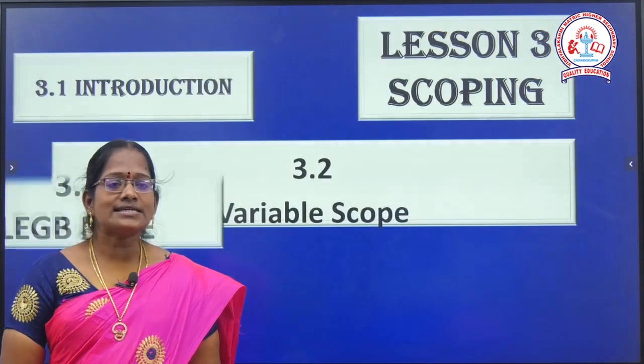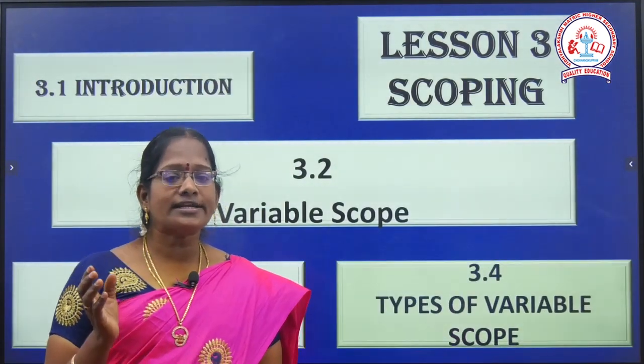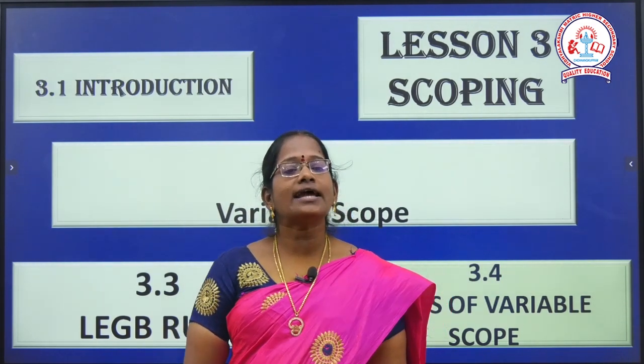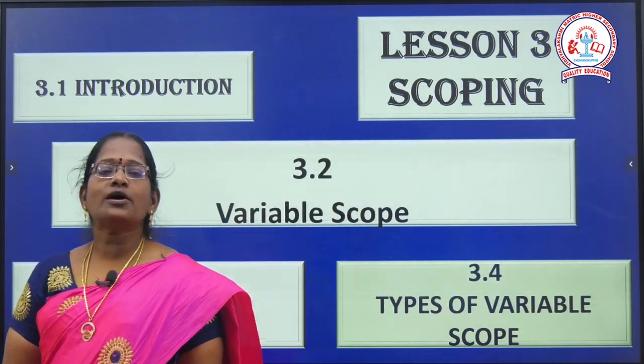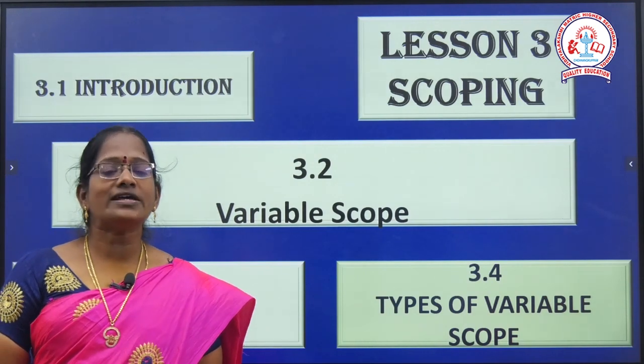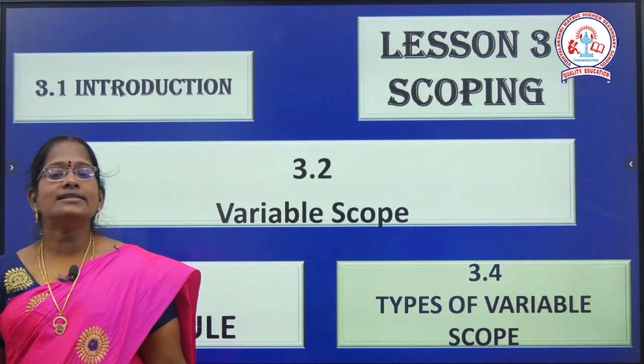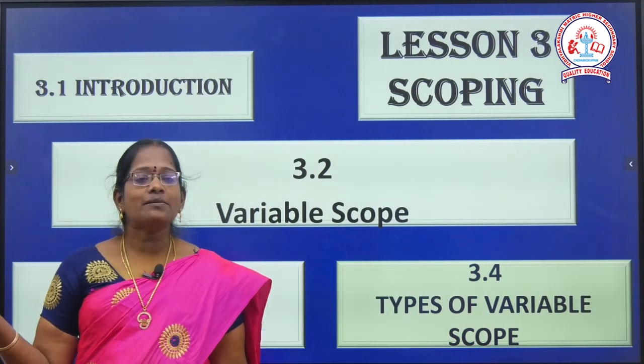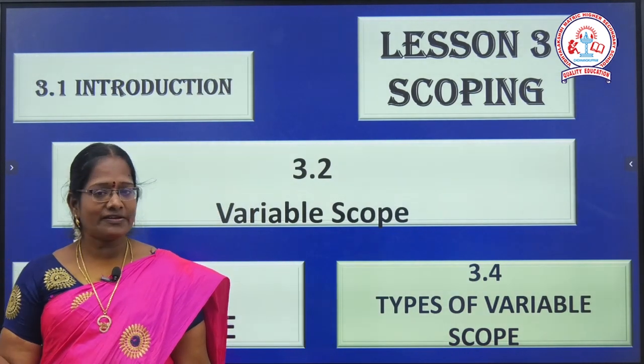Next, lesson 3. In this lesson we have 3.1 Introduction, 3.2 Variable scopes, 3.3 LEGB rules, and 3.4 Different types of variable scopes. The different types of variable scopes and the LEGB rule are very important.